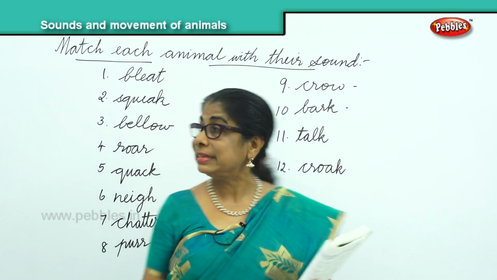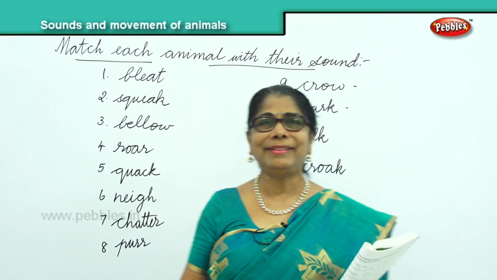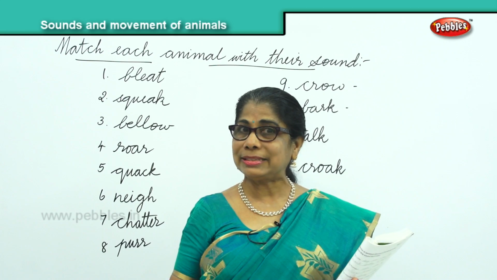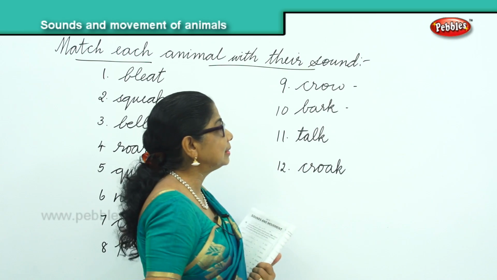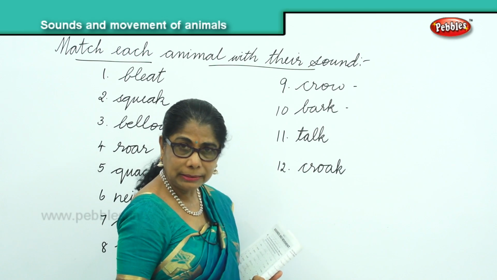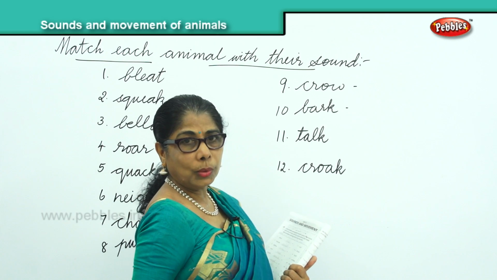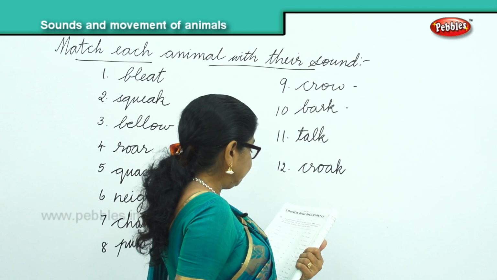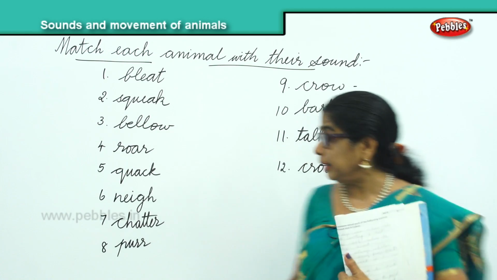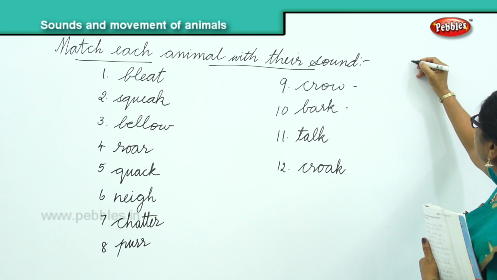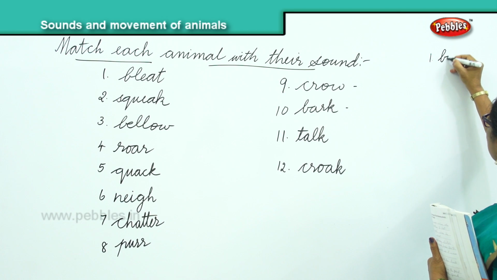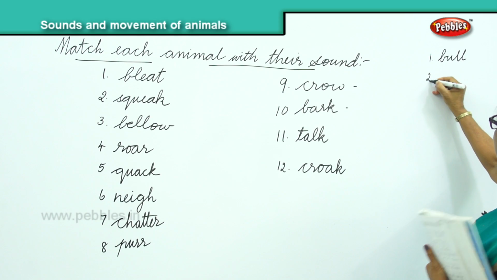Now here, I have put down 12 animal sounds. Now I will write some animals here and you find what it is. Okay, so we're going to do some matching. Now I have some names like bull. You should know where it goes.